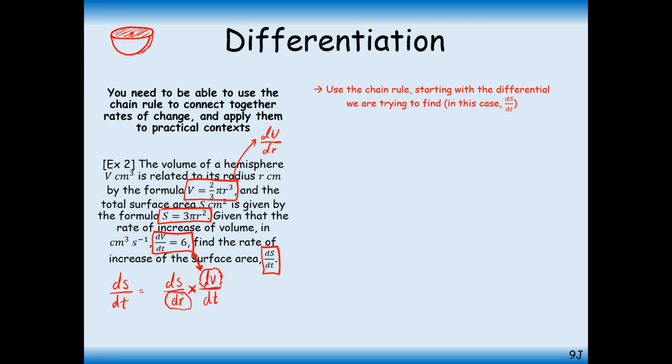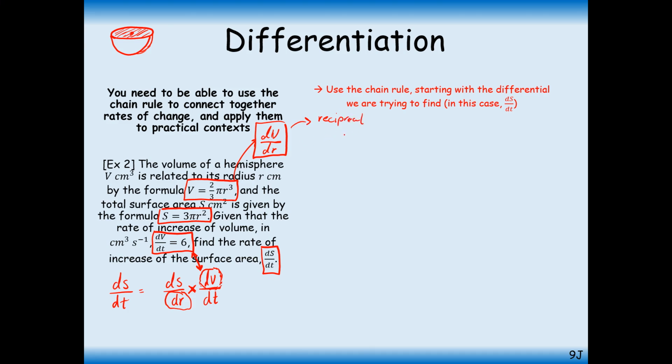Well, we said that we can calculate dV by dr, and once we have that, we can use its reciprocal, which means 1 over it.